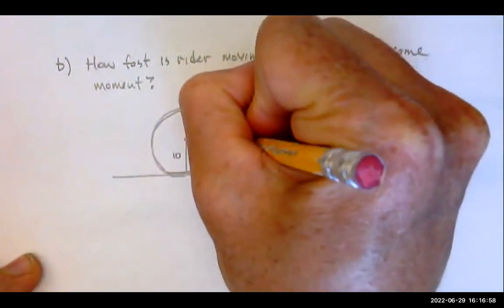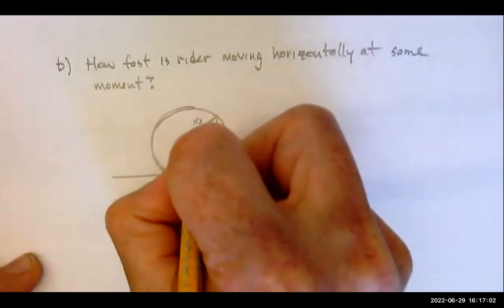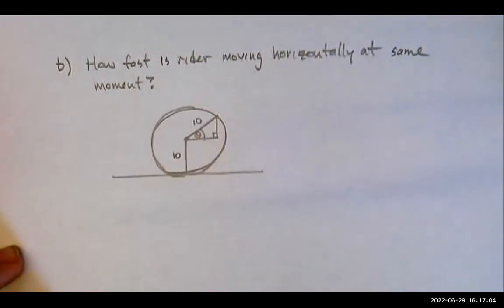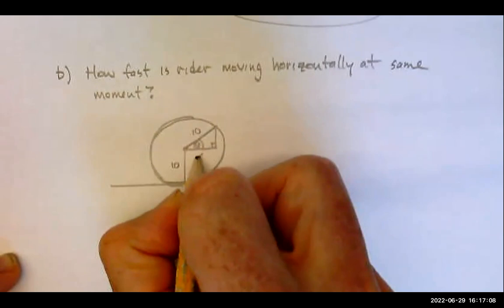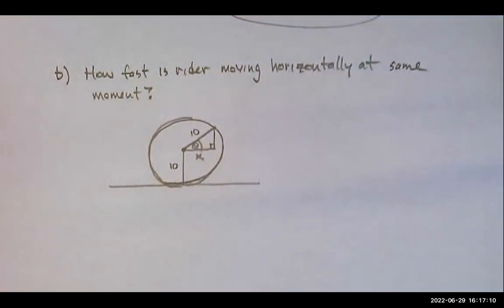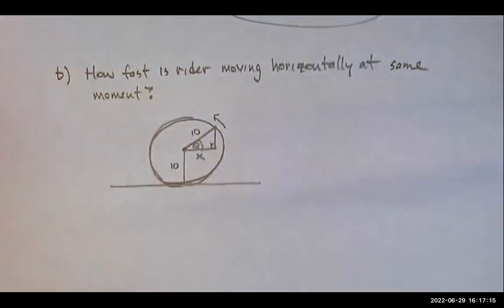I'm going to draw that triangle. I'm going to label this theta. But now this time we don't care about the vertical movement. We want the horizontal. So we're going to label that maybe as x for the horizontal. Again, they're kind of going back that way.